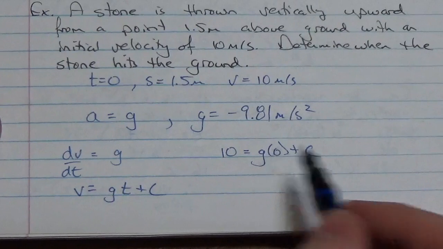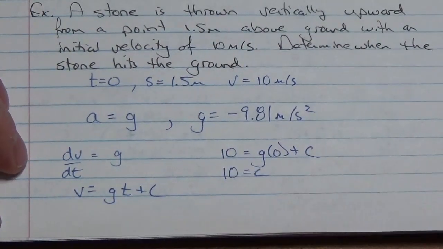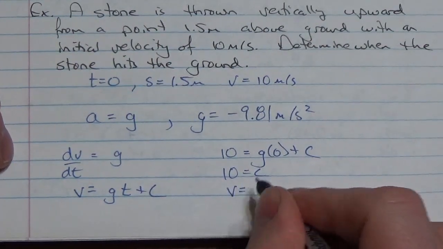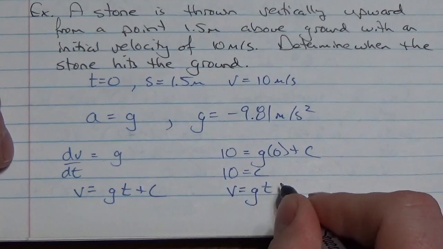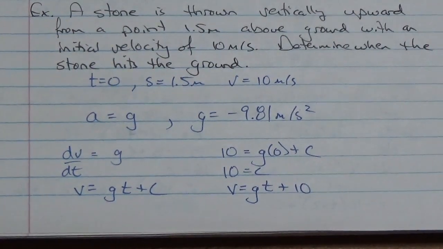Well, 0 times g is just going to be 0, so that means c is going to equal 10. And as a result, my velocity is going to look like gt plus 10. Now, let me write something next to this.